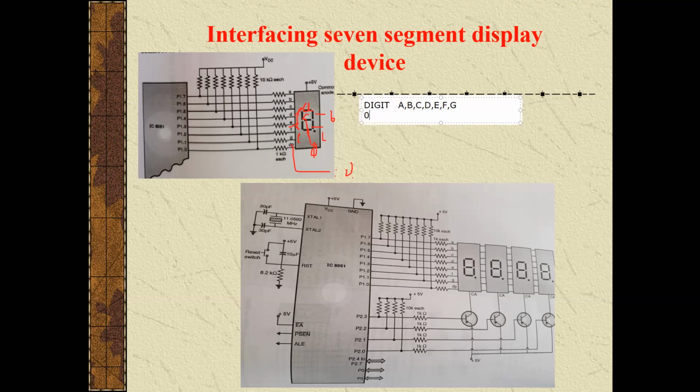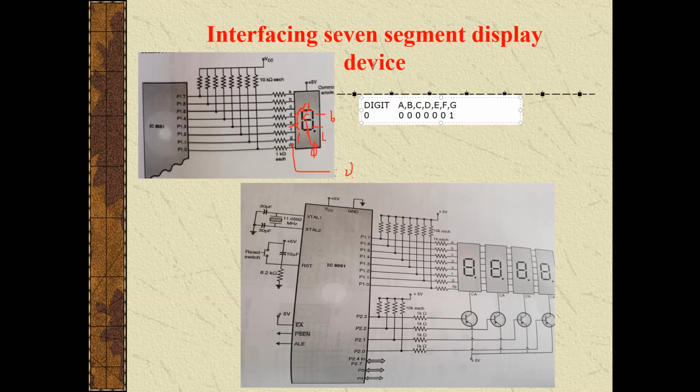For displaying 0, what should go there? Digit 0: 0, 0, 0, 0, 1.